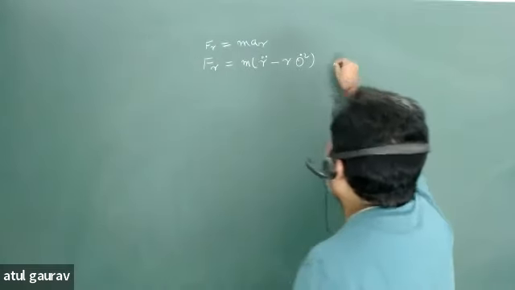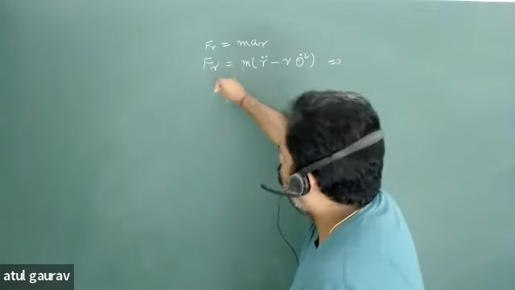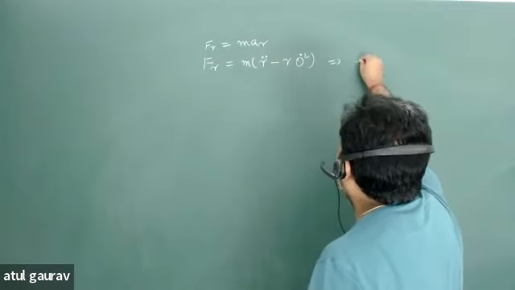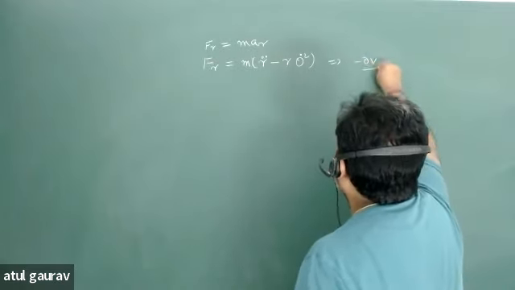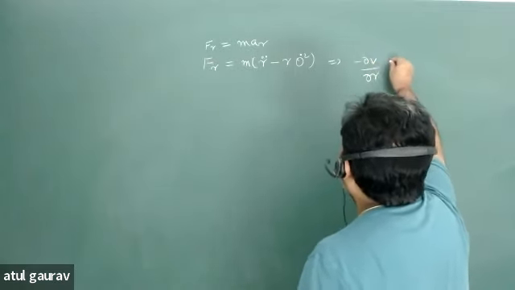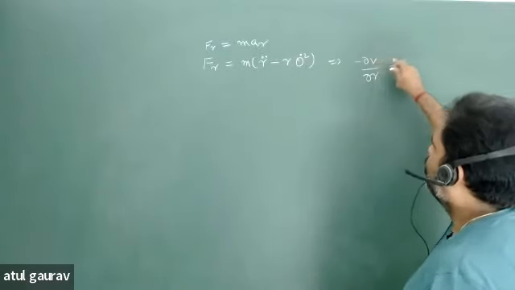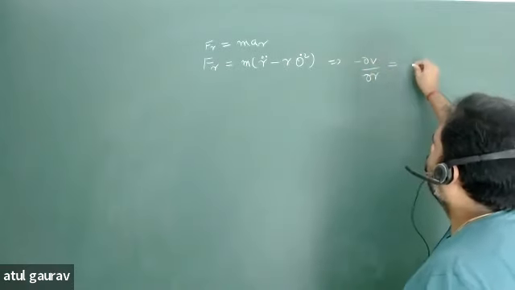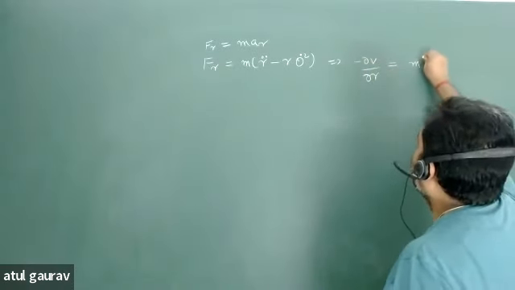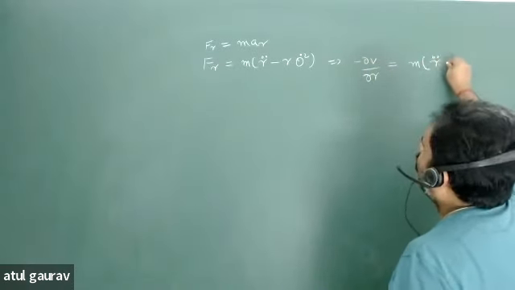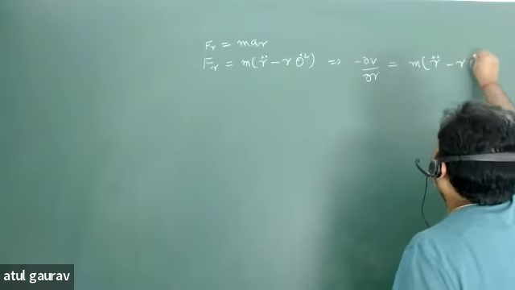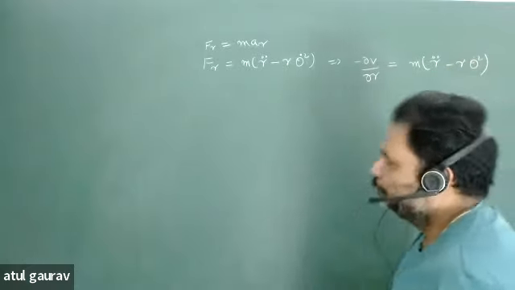And from here, we know what the force is. The force can be defined as minus del V upon del r, if V is the potential, and that will be equal to m times r double dot minus r theta dot square.